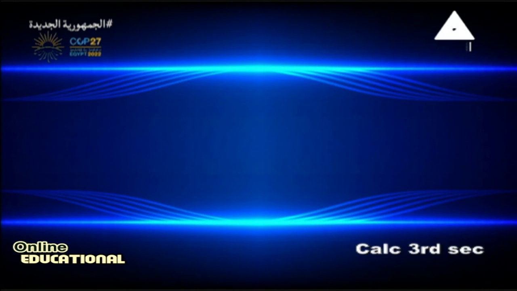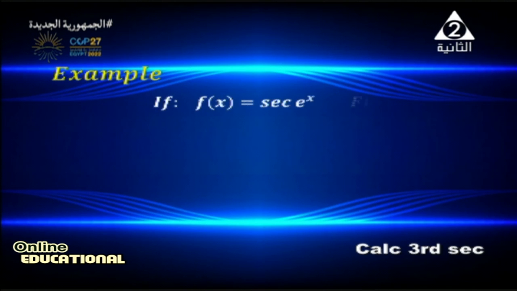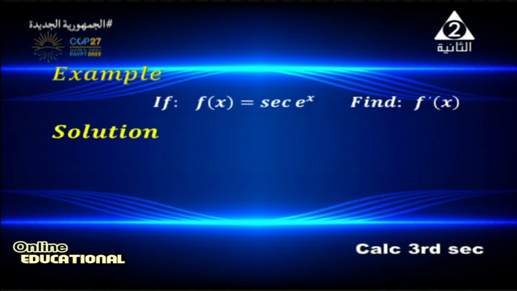Another example, if the function f of x equals sec e power x, find f dash x. The function f of x equals trigonometric function sec e power x. The angle is the exponential function e to the power x.